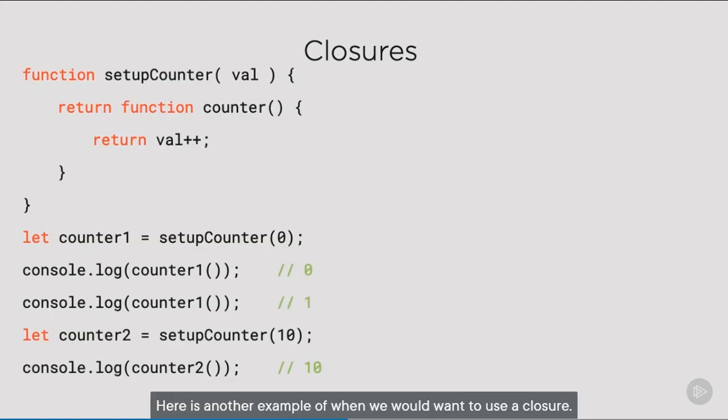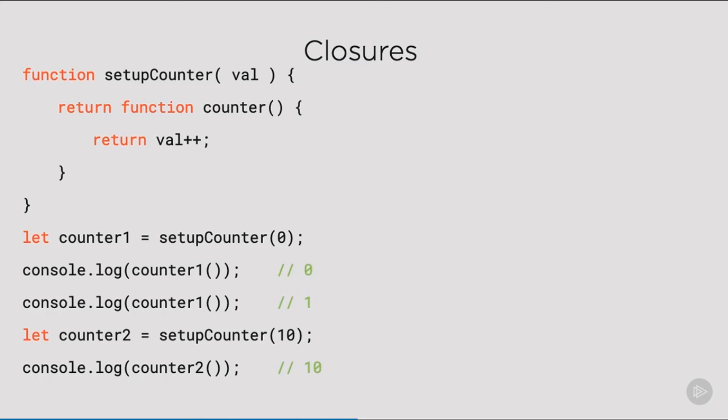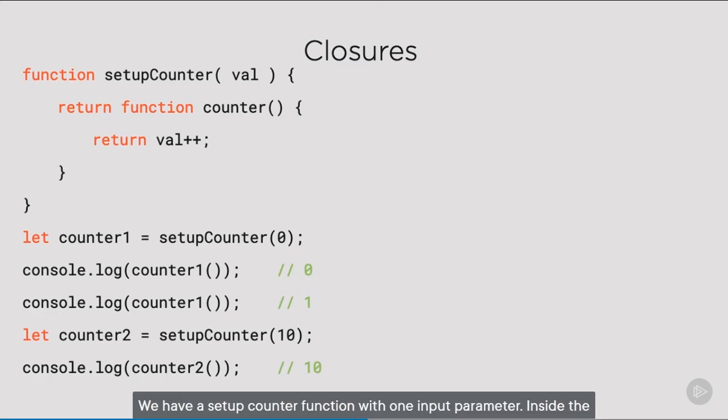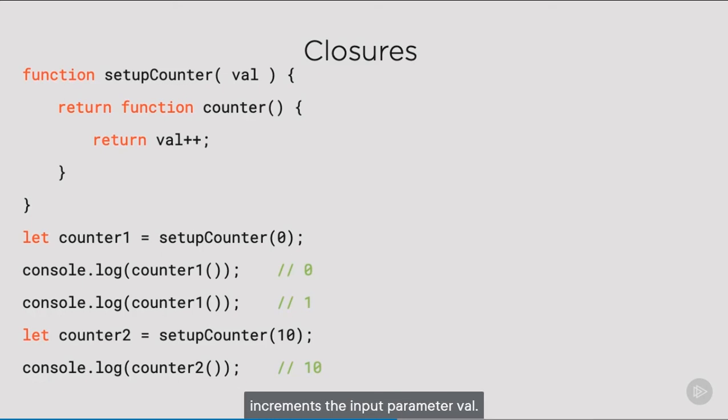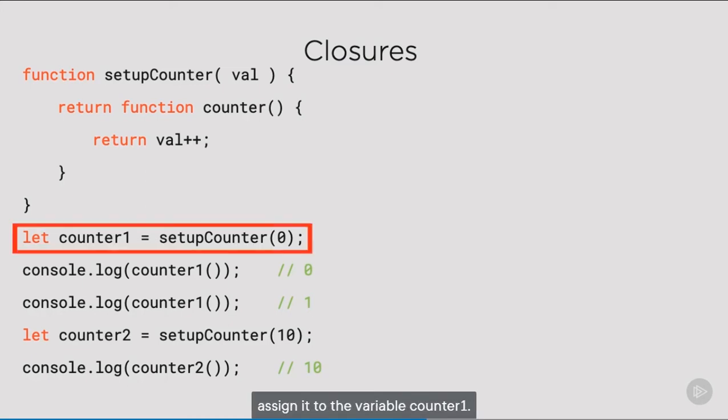Here's another example of when we would want to use a closure. We have a setupCounter function with one input parameter. Inside the body of this function, we return another function, counter, that simply increments the input parameter val. Next, we invoke setupCounter with the argument 0 and assign it to the variable counter1.